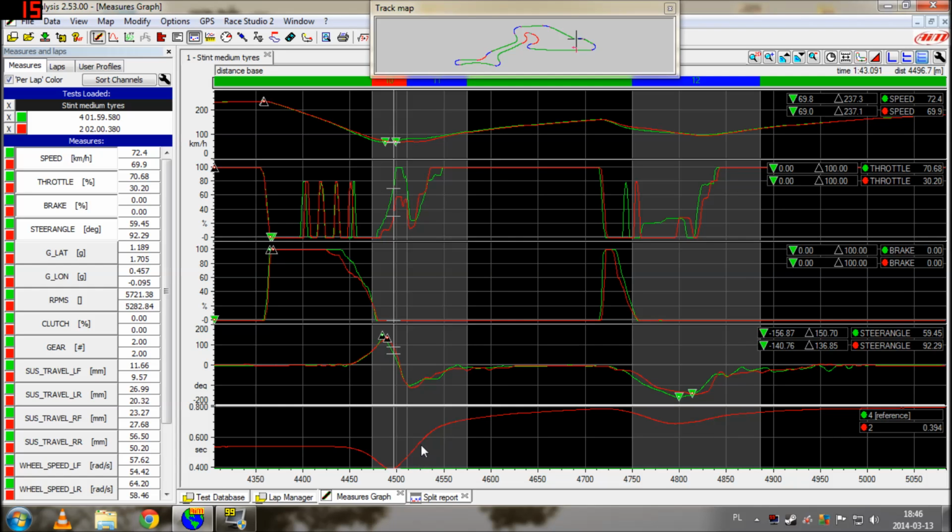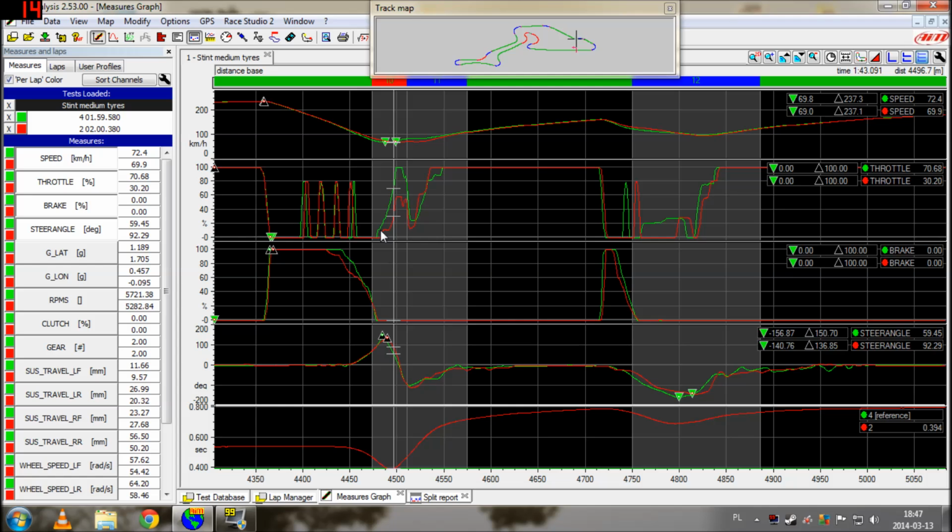If you know the track, you know that this chicane is very tricky. It has huge, high curbs, and look what happens. And I usually go through the chicane.